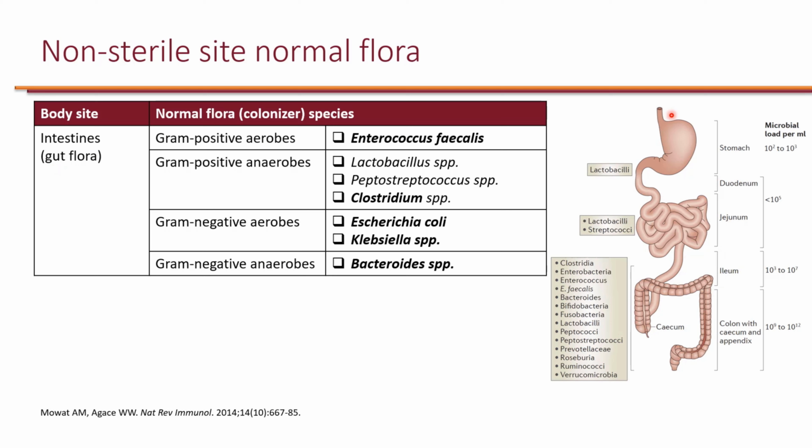So you can see on the right-hand side that because of the harsh acidic environment of the stomach, not many bacteria can live in the stomach, and that's in general a defensive mechanism. And as you go down the GI tract, it's still acidic throughout, but the acidity decreases down through the small intestine and then the large intestine.